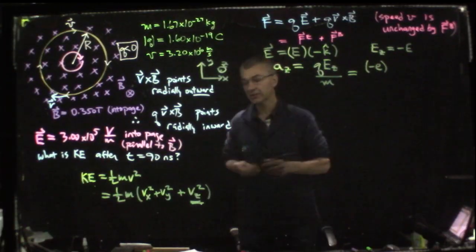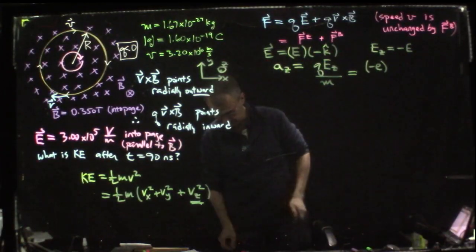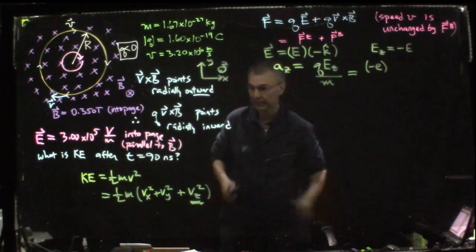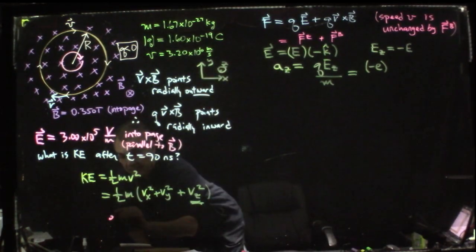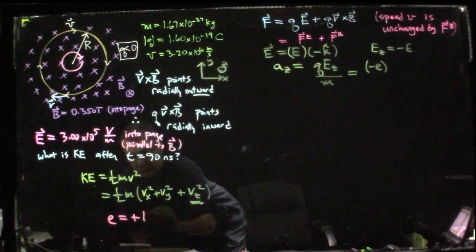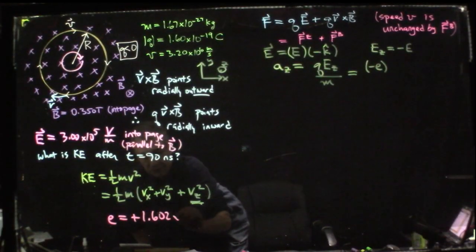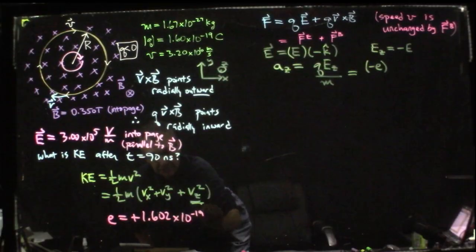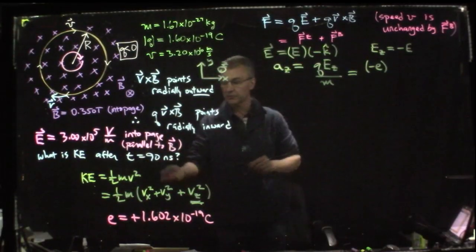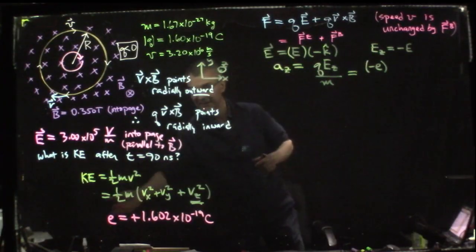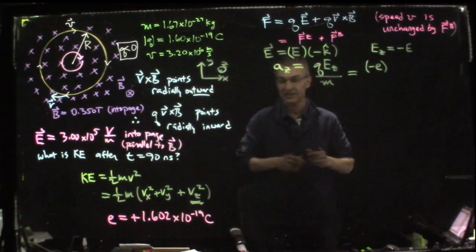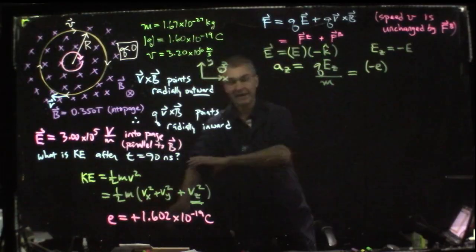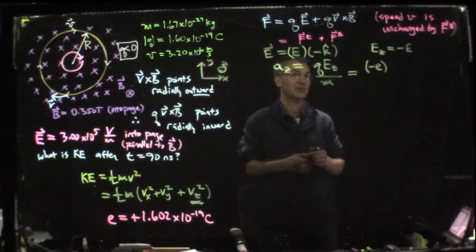Actually, e is the proton charge, the convention is that e is plus 1.602 times 10 to the minus 19 coulombs. So this thing we call little e is actually the magnitude of the electron charge. It actually equals the proton charge.